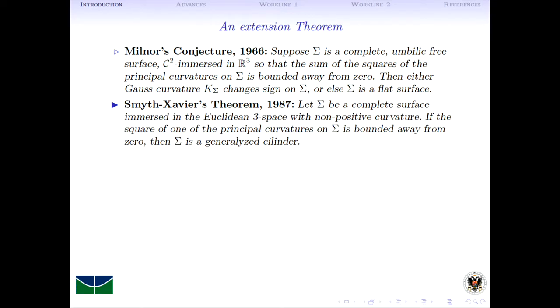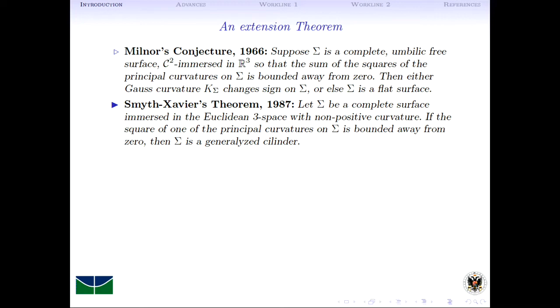They proved, in fact, that any complete surface immersed in R3 with no positive curvature, if one of its principal curvatures is bounded away from 0, separated from 0, then the surface must be a generalized cylinder.